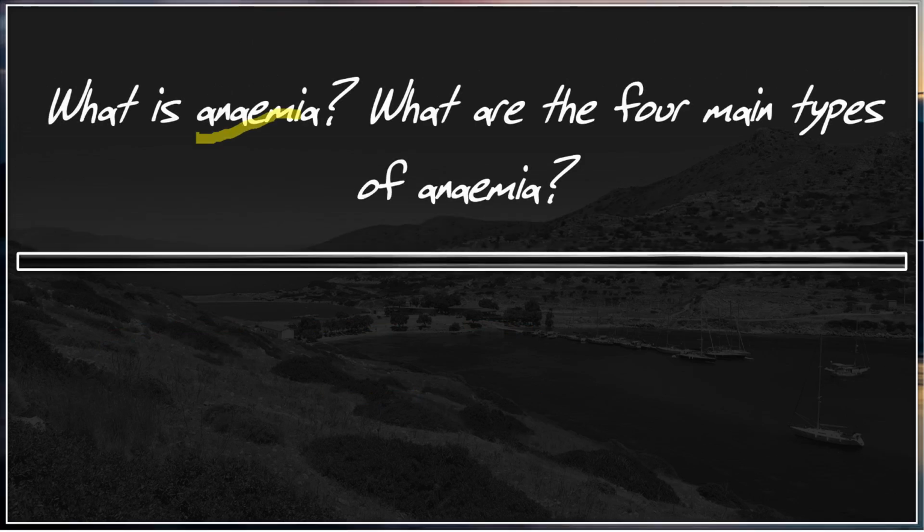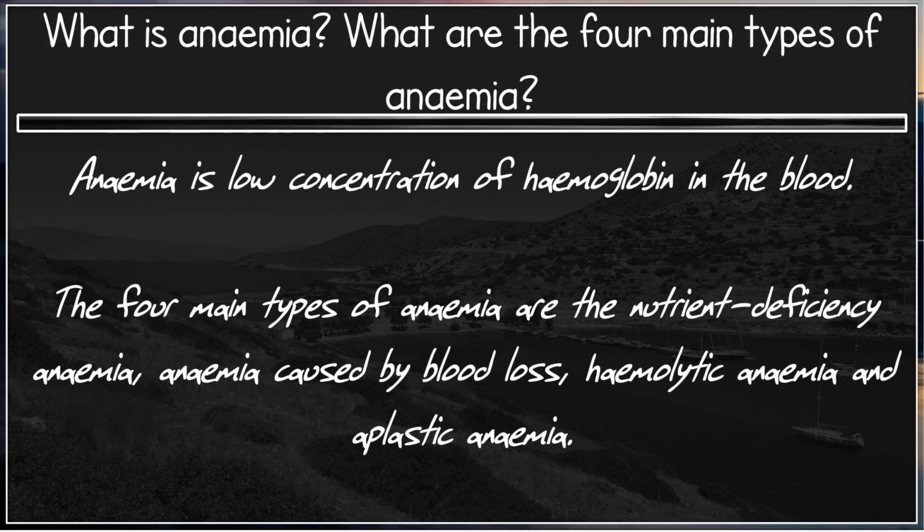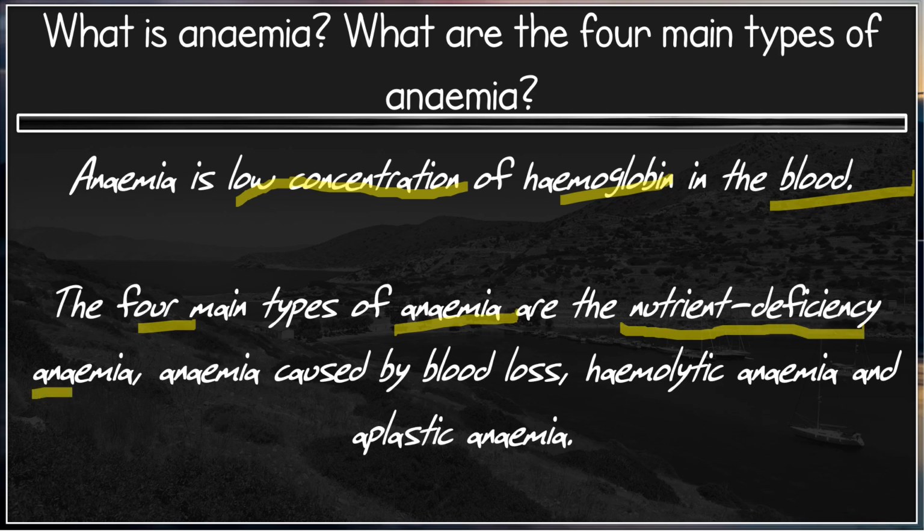What is anemia? What are the four main types of anemia? Anemia is low concentration of hemoglobin in the blood. The four types of anemia are the nutrient deficiency anemia, anemia caused by blood loss, hemolytic anemia, and aplastic anemia.